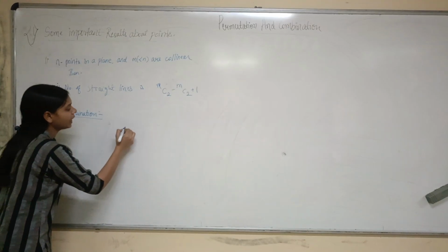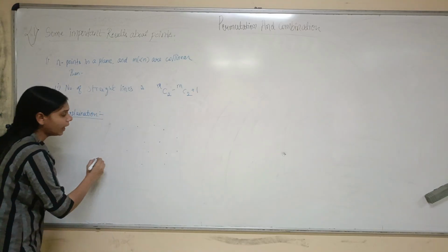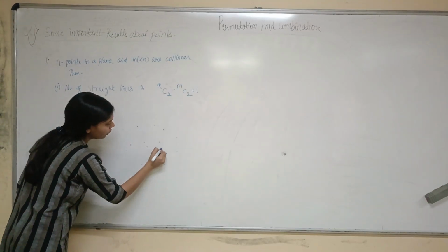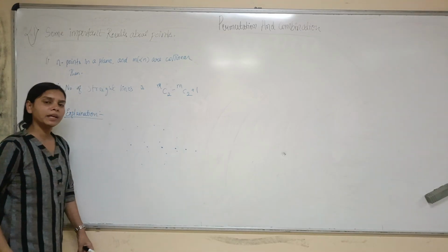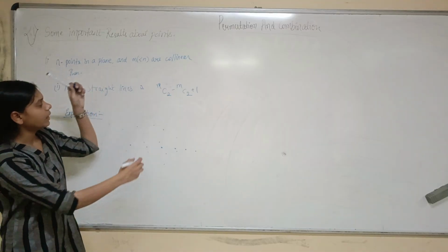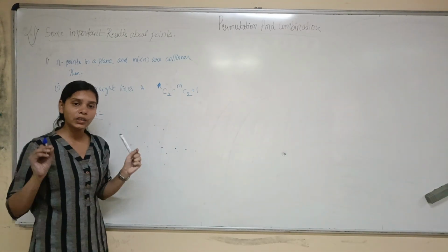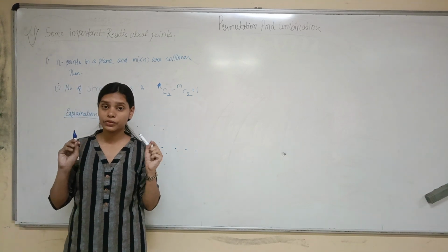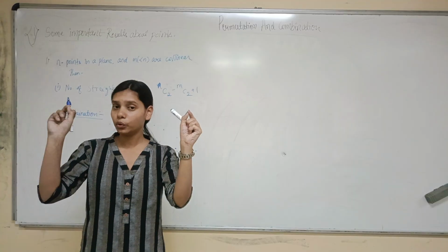The explanation: suppose you have n points. Now tell me anyone, if you have n points and you have to select a straight line, and a straight line can be formed by using two points.